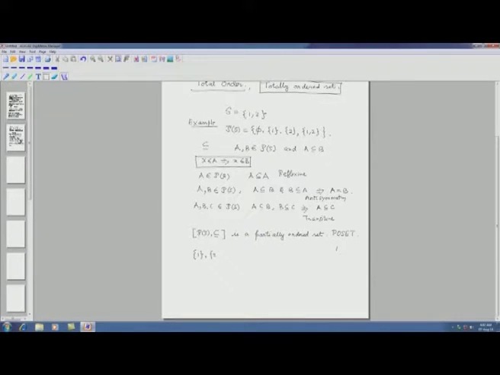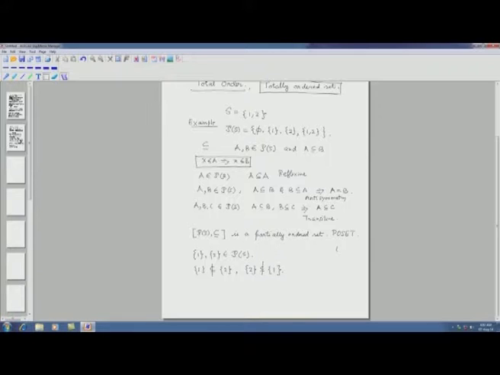For that, we consider two elements, the set {1} and the set {2}, both belonging to the power set of S. Now, we see that {1} is not a subset of the set containing only 2, and the set containing only 2 is not a subset of the set containing only 1.